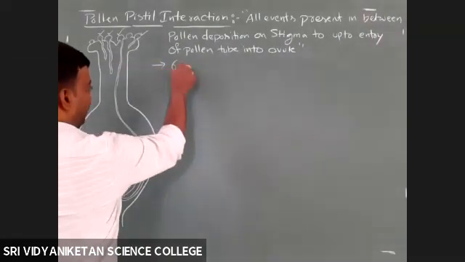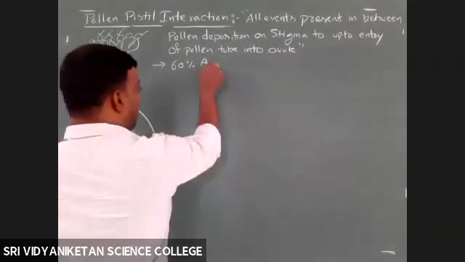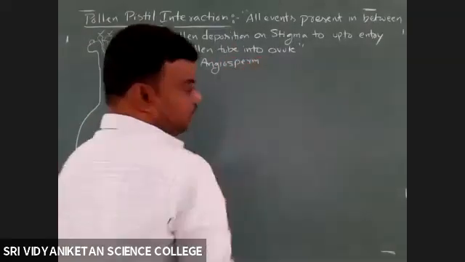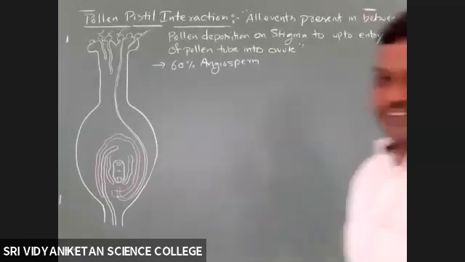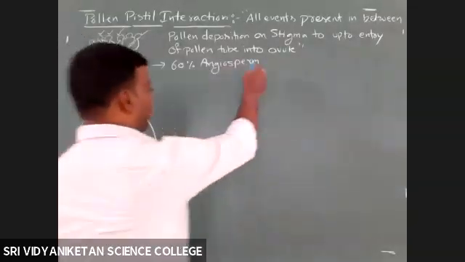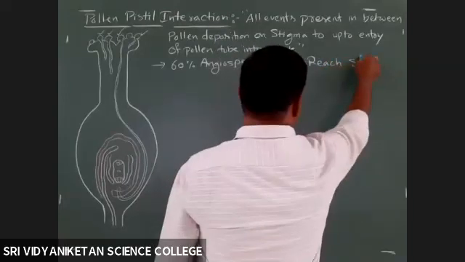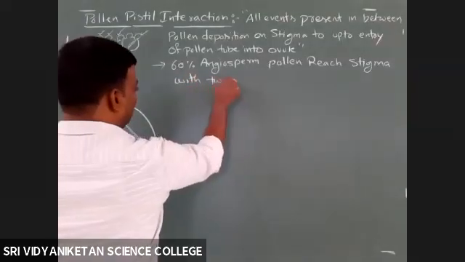In the majority of angiosperms, already I told you that nearly 60% of angiosperms, how do pollen grains reach the stigma? In 60% of angiosperms, pollen grains reach the stigma at the two-celled stage, and in the remaining 40% of angiosperms, pollen grains reach the stigma at the three-celled stage. So in 60% of angiosperms, pollen reaches the stigma at the two-celled stage.